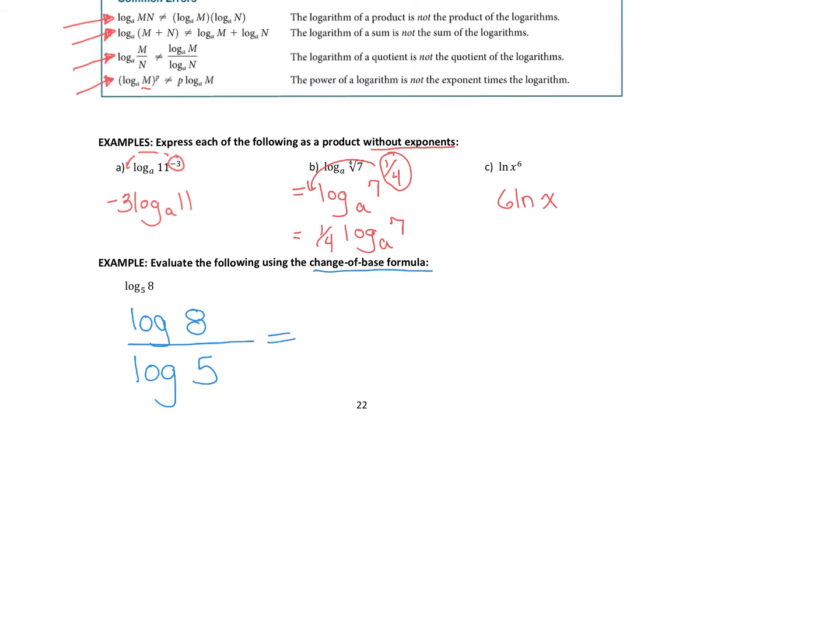So some of you will have to do this if you do not have keys on your calculator that allow you to find a log base 5. And if we do this in our calculator, we will get approximately 1.292. What you do need to remember is when you put this in your calculator, it will automatically come up with that parenthesis, and you do need to close that parenthesis.